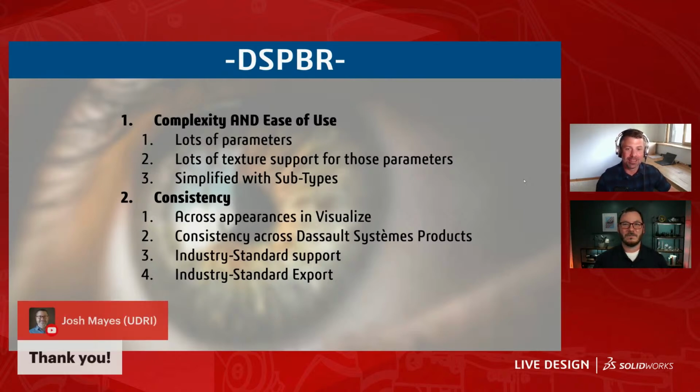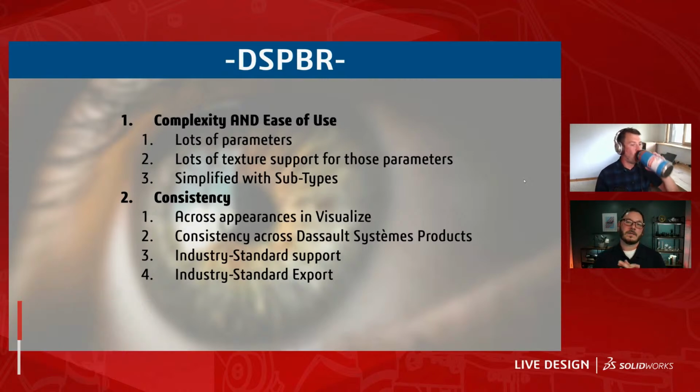DSPBR, there's two real things that I love about this switch. And again, this system is coming to SOLIDWORKS as well. So this is good information to know because essentially everybody's going to have use of this. It has complexity, but it also has ease of use. And it's really rare that you get the two of those together. It's got tons of parameters that you can switch. When I hit the enterprise model, right, there's tons of stuff in there, more stuff than you would probably ever use.